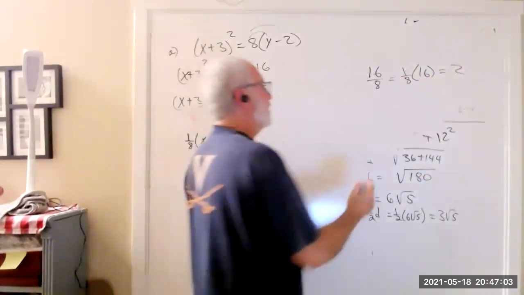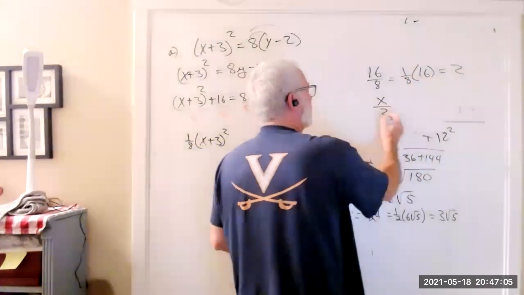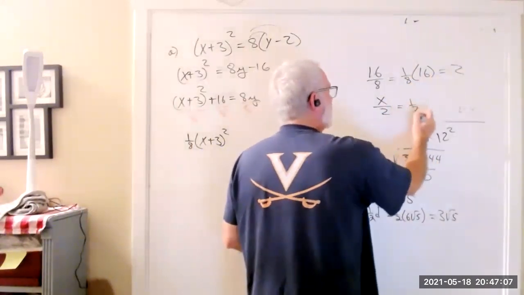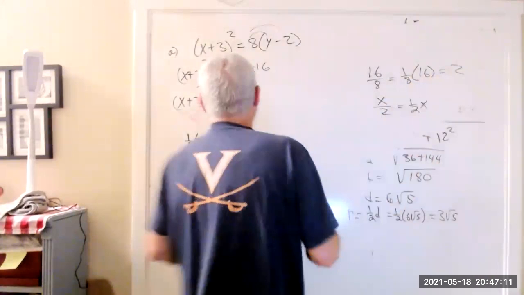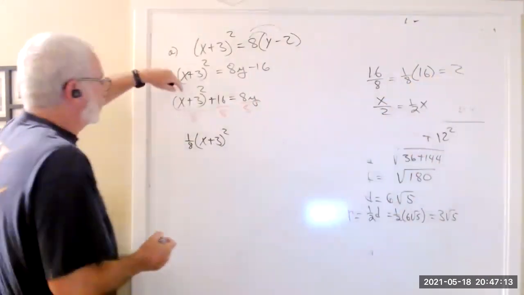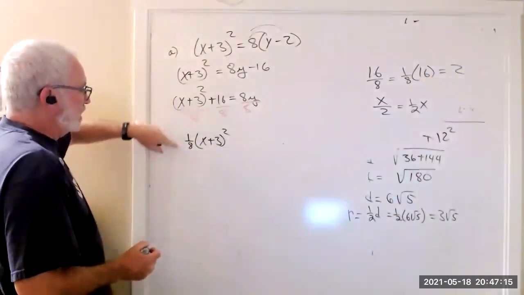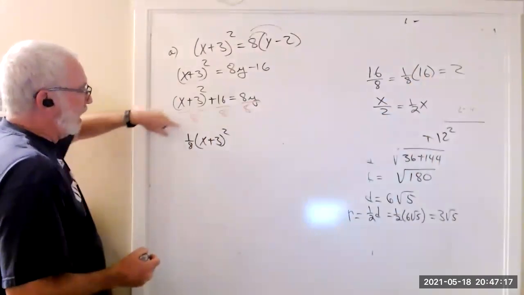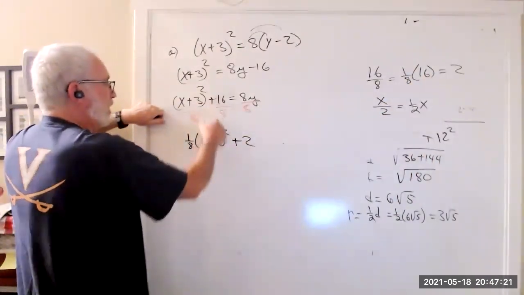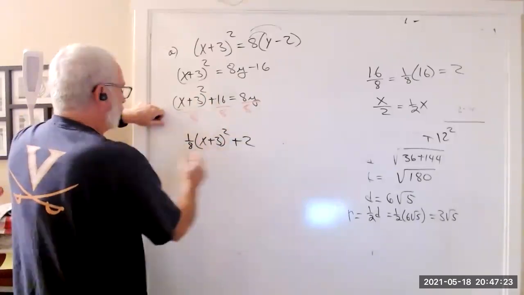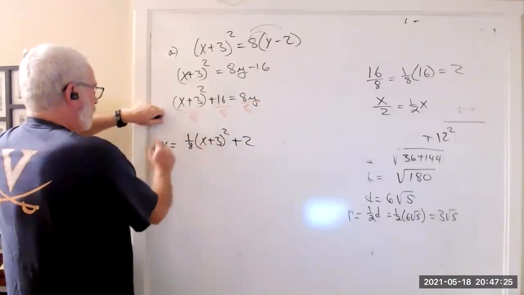Example, x divided by 2 is the same thing as 1/2 x. So over here, when I had this quantity divided by 8, it's the same thing as 1/8 times this quantity, plus 2, since 16 over 8 is 2, equals y, and I'm just going to move the y over here.